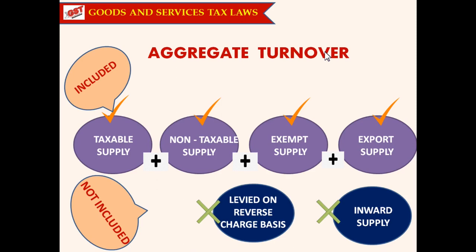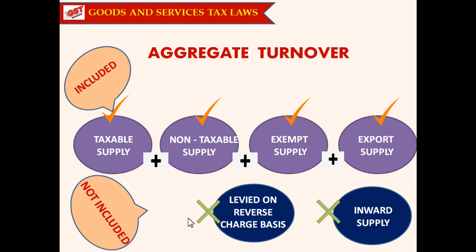The aggregate turnover should include the taxable supplies, non-taxable supplies, exempt supply, and export supply. All these supplies of goods or services should be included to calculate the aggregate turnover. What are the supplies which should be excluded from the calculation of aggregate turnover?